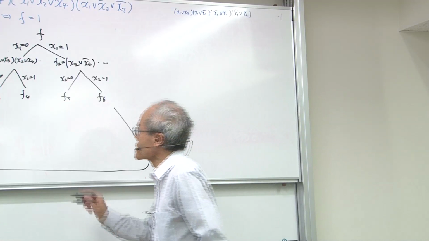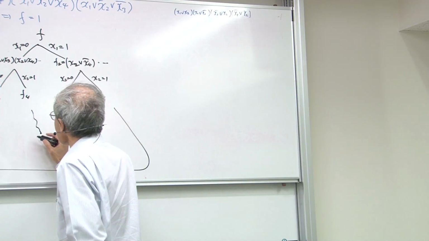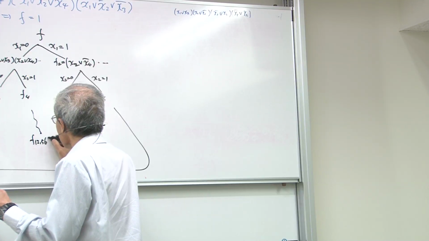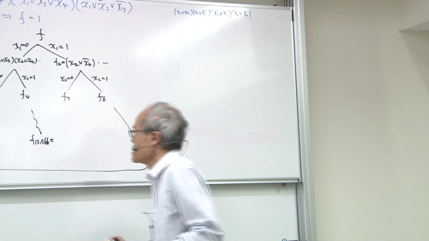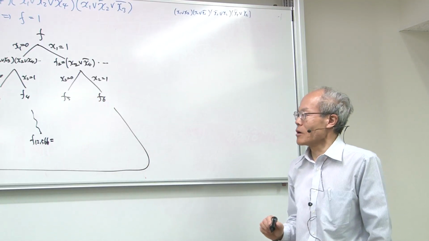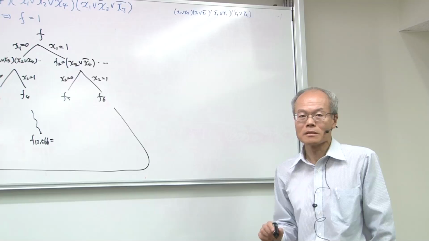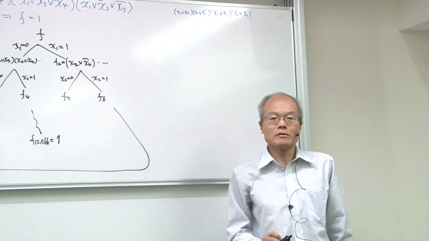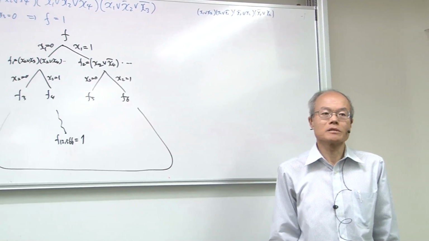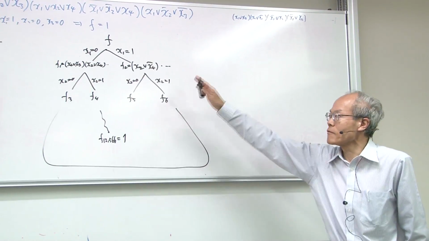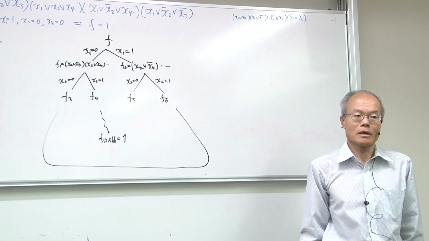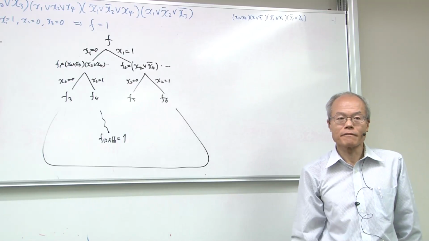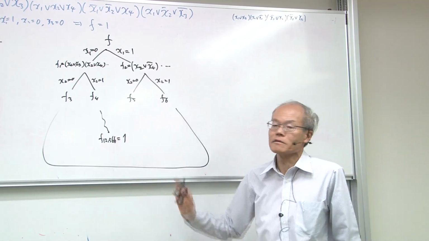And somewhere, okay, now this is F, something like F12566 is equal to, okay, 1. Okay, you are lucky. Now you know that this formula is satisfiable. But maybe if this formula is unsatisfiable, then you can't get this kind of node.